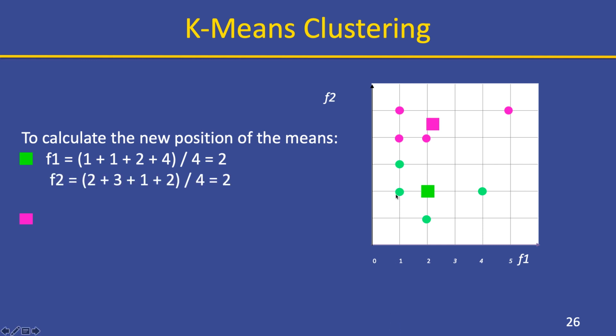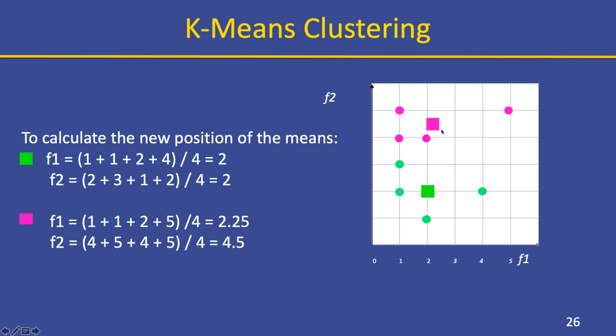We have 2 plus 3 plus 1 plus 2, and we divide by 4. For pink, we compute F1. So we have 1 plus 1 plus 2 plus 5. And for F2, we have 4 plus 5 plus 4 plus 5. And we get the new coordinates of the means.